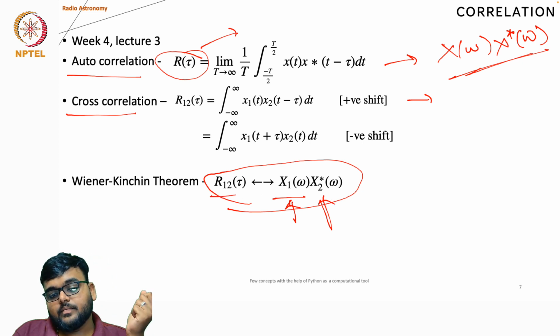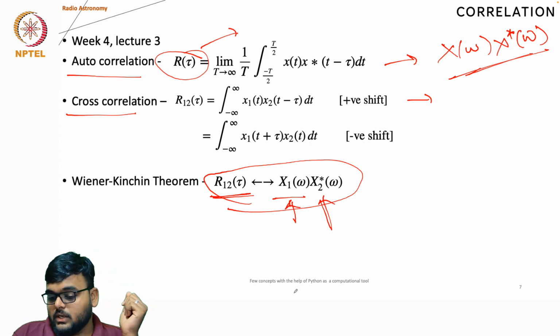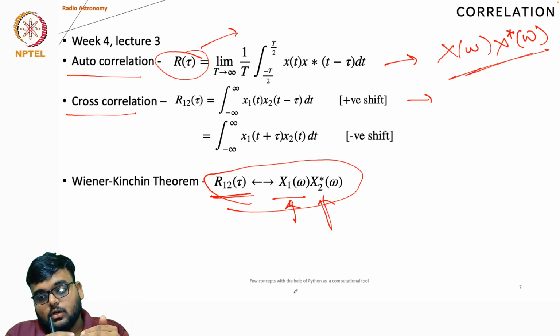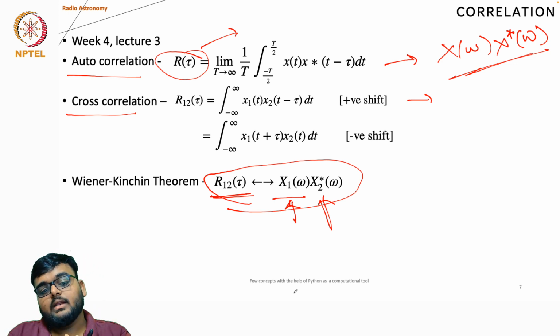You will get the cross correlation. Now we will stop here and we will revisit the slides again for the sampling concept. So let's see how we can visualize these things using Python.